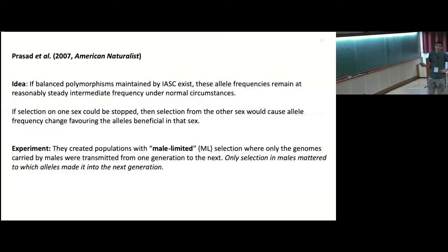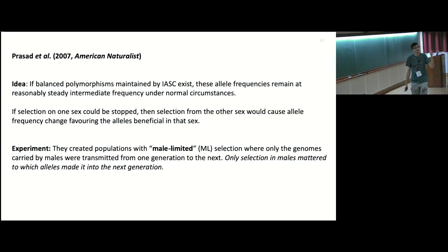It was this: if balanced polymorphisms maintained by intralocus sexual conflict exist, then those allele frequencies would be steady at intermediate allele frequencies under normal circumstances, right? Because selection in males pushes the allele frequency in one direction, and selection in females pushes it in the other, so we should have these things sitting around at some intermediate frequency.